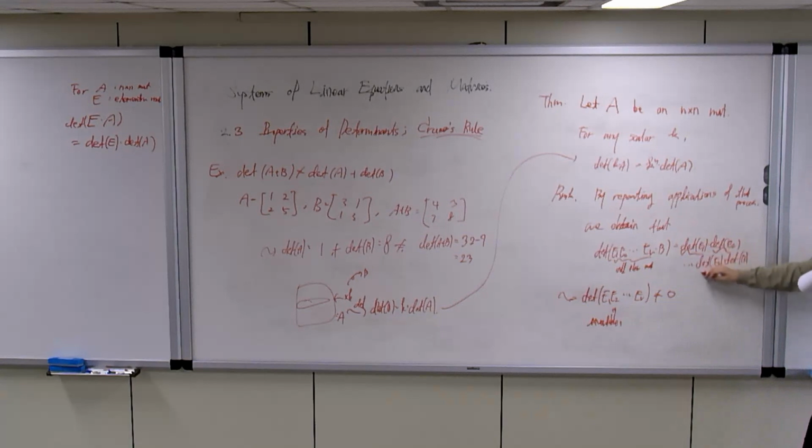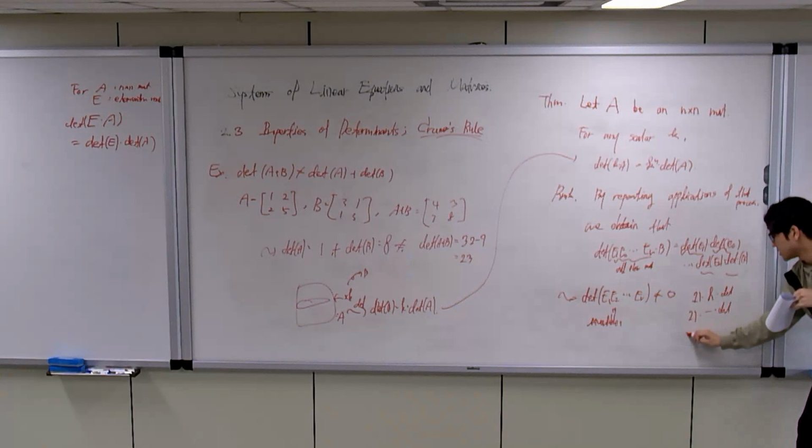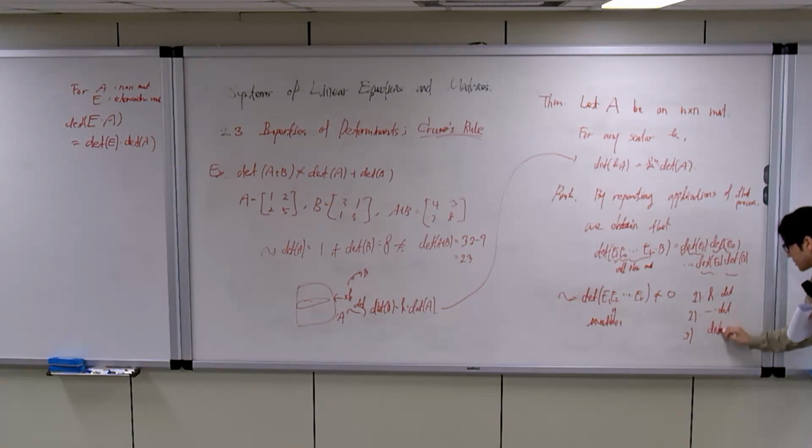All these determinants are not zero: one was k multiplied by the determinant, the second just changed the sign, and the third one just kept the same determinant. So by multiplying these operators, it will give a non-zero value.